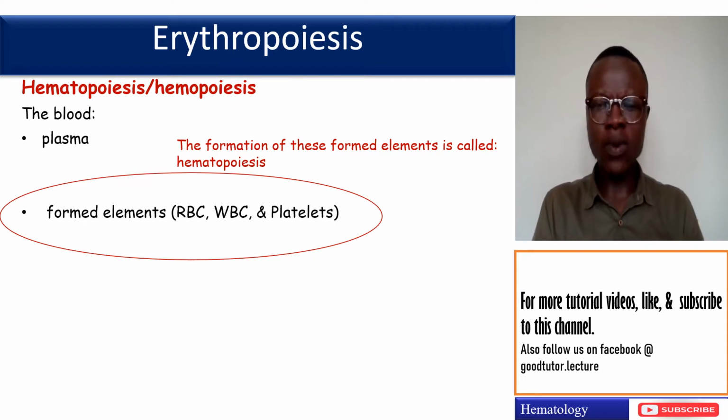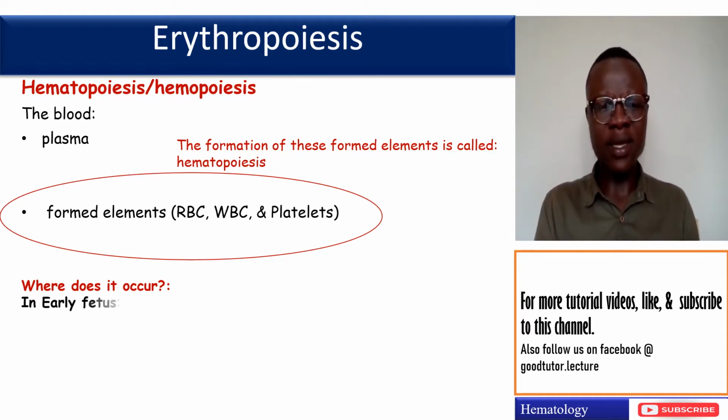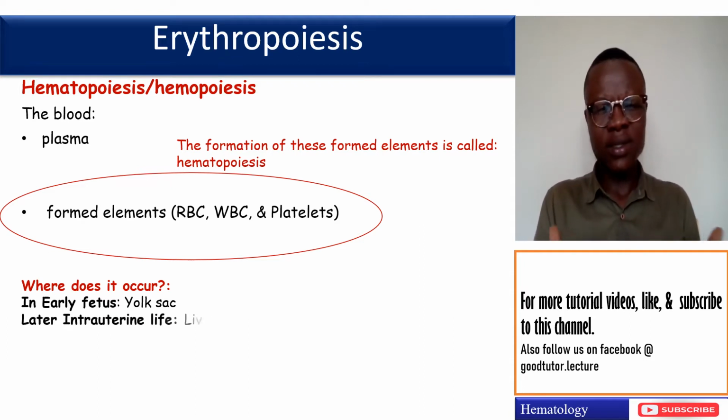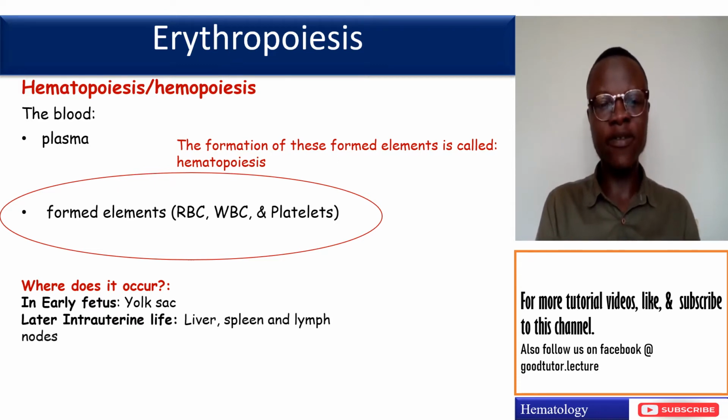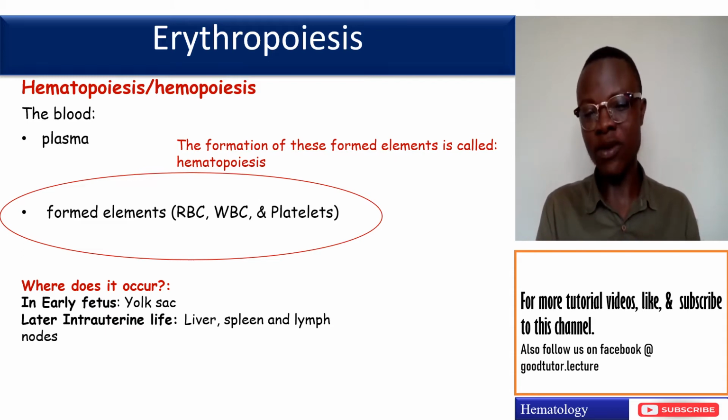With that said, where does hematopoiesis occur? Based on the stage of development, it will occur at different locations. In early fetal life, usually we find hematopoiesis occurring in the yolk sac, and later in intrauterine life, the location of this occurrence changes and it now gets situated in the liver, the spleen, and the lymph node.